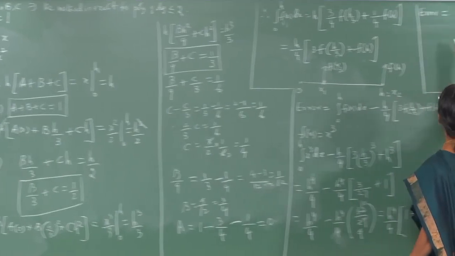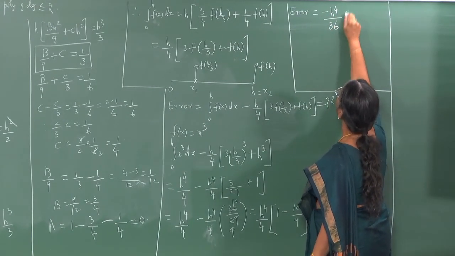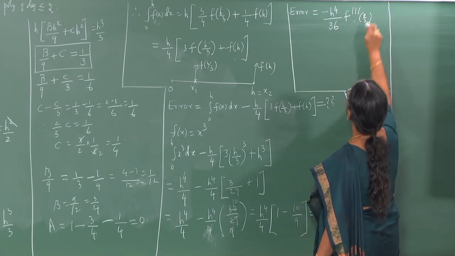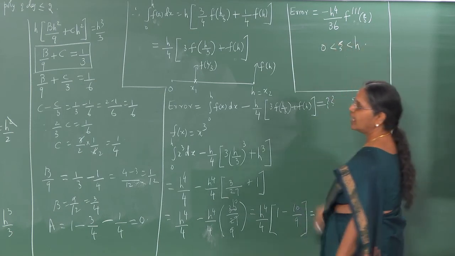So, we can write down the error immediately as minus h power 4 by 36 into the third derivative evaluated at psi, where psi lies between 0 and h.